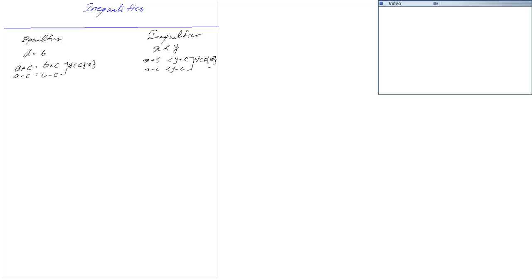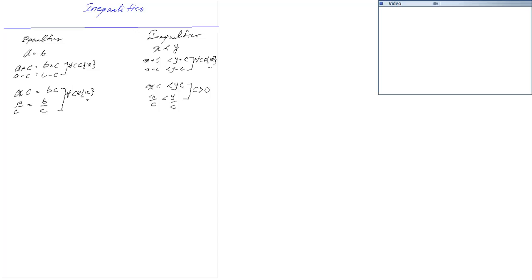Wonderful. Now when I multiply, this is addition and subtraction. So when I multiply, AC will be equal to BC, or when I divide, A upon C is equal to B upon C. Again, this is valid for all values of C that belongs to the set of real numbers. But XC is less than YC, and X upon C is less than Y upon C for values C greater than 0.